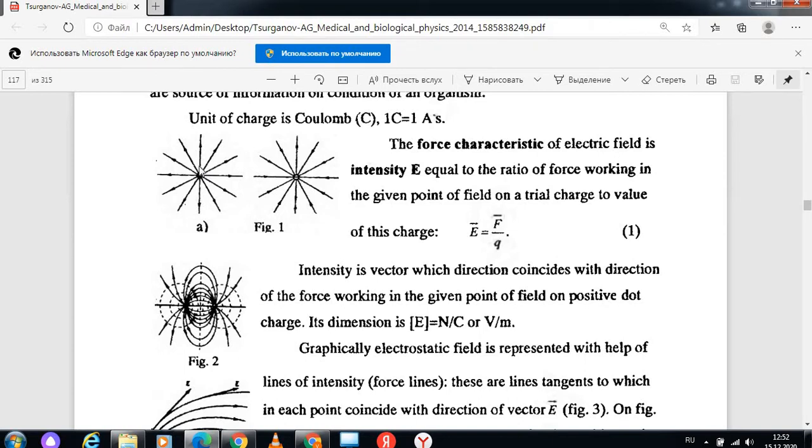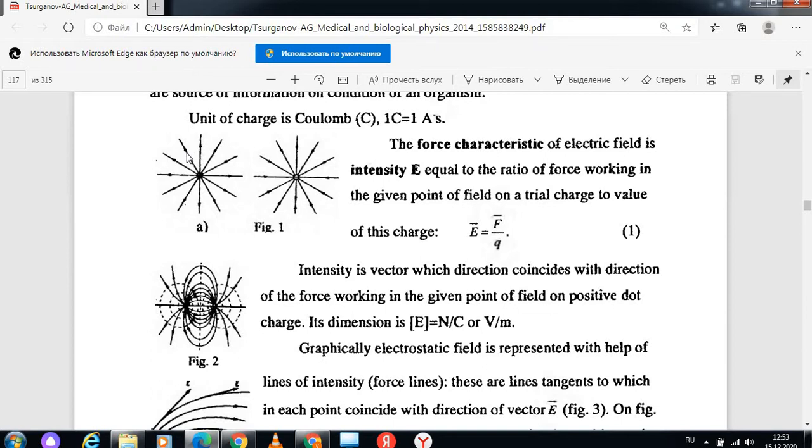Yes, these are lines tangent to which in each point coincide with the direction of the intensity vector E. Intensity is the vector whose direction coincides with the direction of the force working in the given point of the field, for a positive point charge.